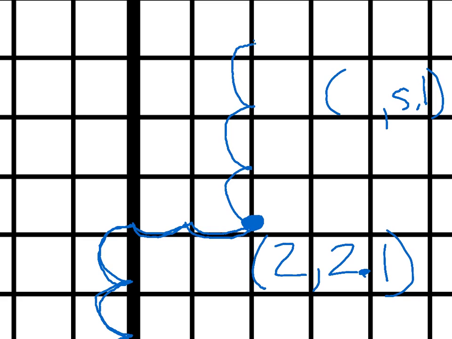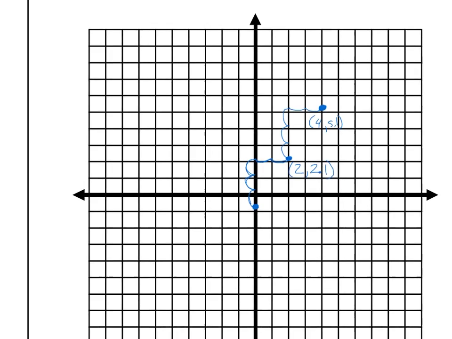And our x-coordinate, we started at 2 and we're running 3, 4. So those are our 3 points.